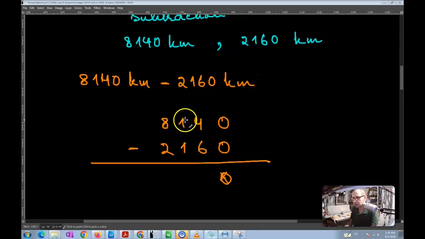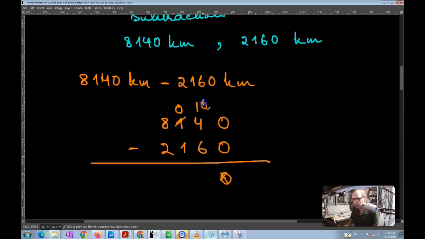The one group of 100, I will break it up, so I have 0 groups of 100 over here, and then when you break up a group of 100, you get 10 groups of 10.